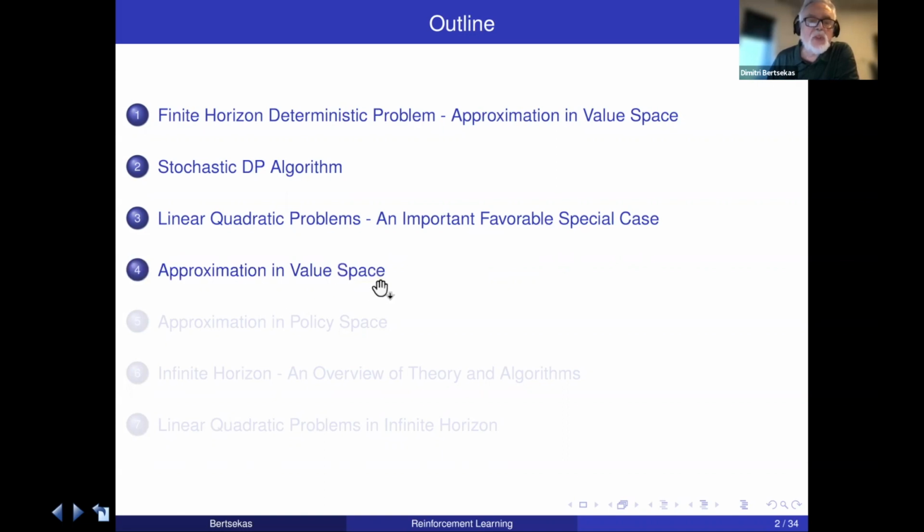Then we will discuss approximation in value space for stochastic problems. And then another class of methods, approximation in policy space, which is receiving a lot of attention, but as far as this course is concerned, we're not going to spend too much time on it.